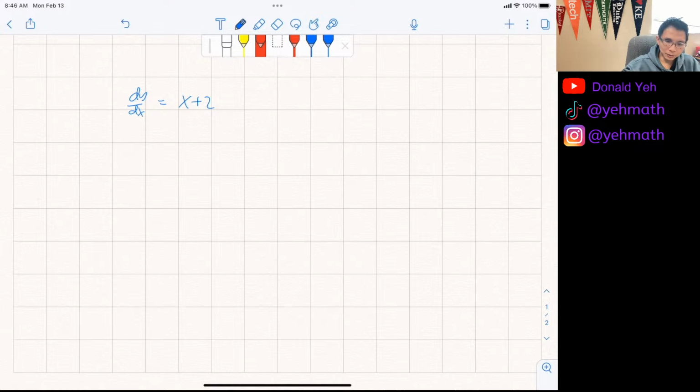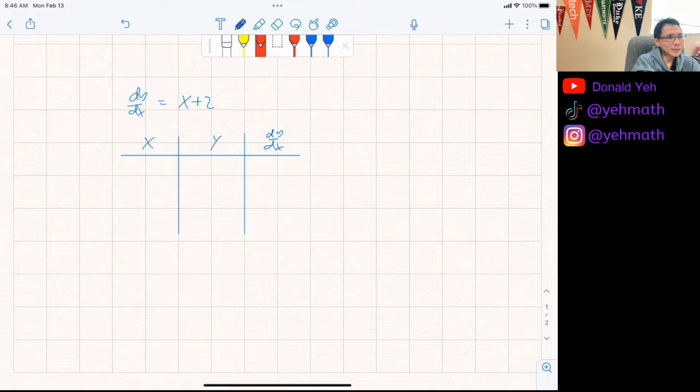The best thing to do is a t-chart, or actually not just a t-chart, it's a double t-chart. A double t-chart is like this, and I don't know if it's called a double t-chart, I just made it up. So there's an x and a y and there's dy dx. So there are 3 things.